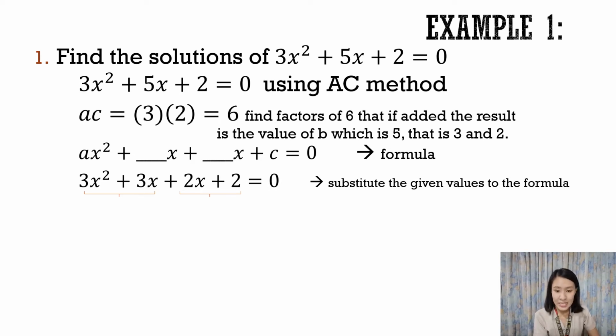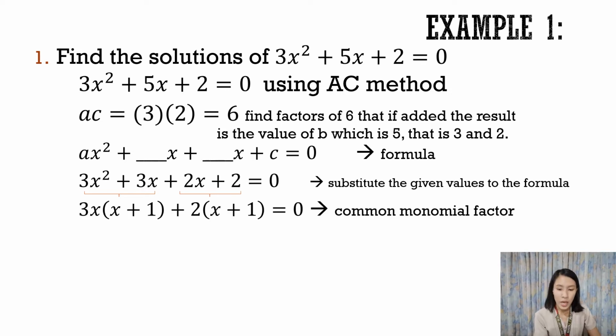A is 3, copy x squared, plus the first factor 3, copy x, plus the second factor 2, copy x, plus c, which is 2, is equal to 0. Now, by common monomial factoring, our resulting equation will become 3x times the quantity of x plus 1 plus 2 times the quantity of x plus 1 is equal to 0.